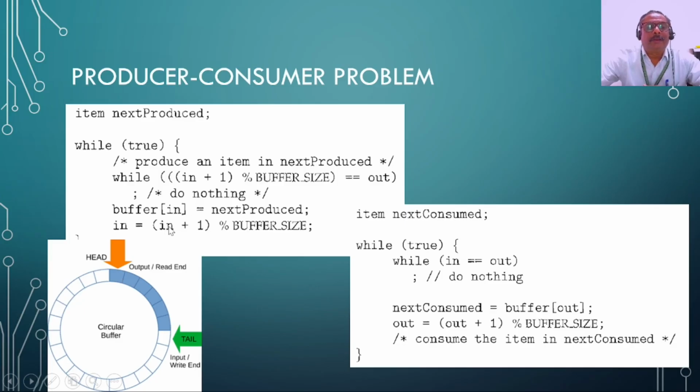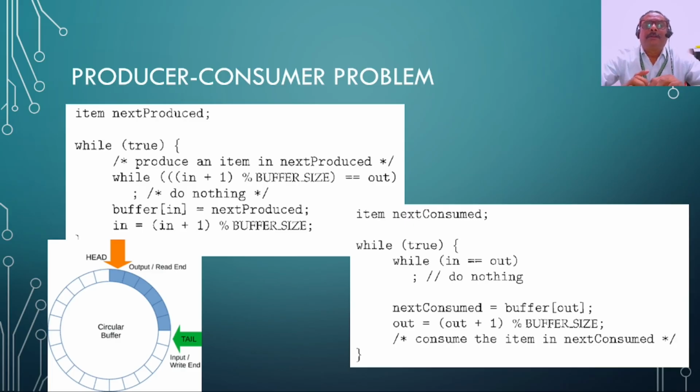So if in is n minus 1, then n minus 1 plus 1 will be n, and n mod n will be 0. So it will come back to 0. That way we make it a round, so that with only n slots in the buffer, we can keep writing and reading any amount of data.